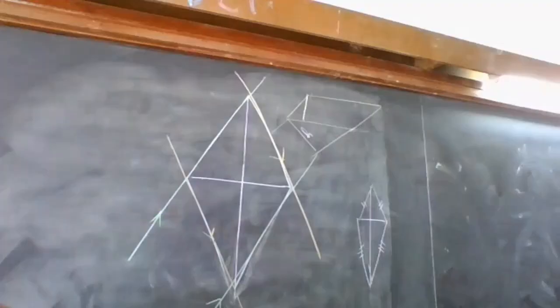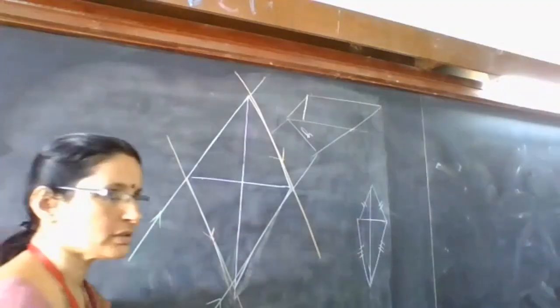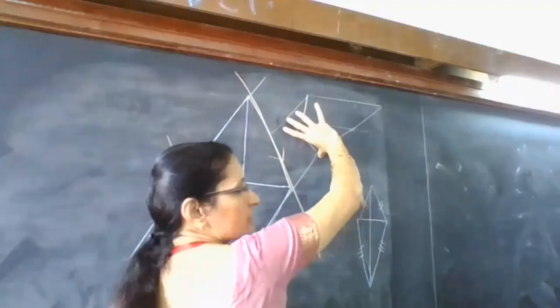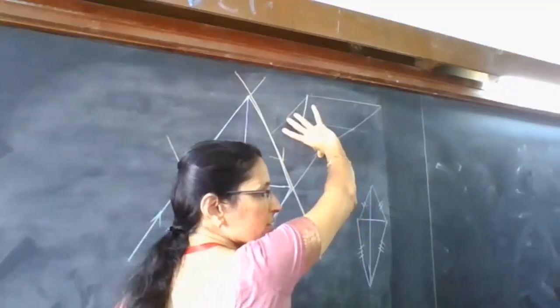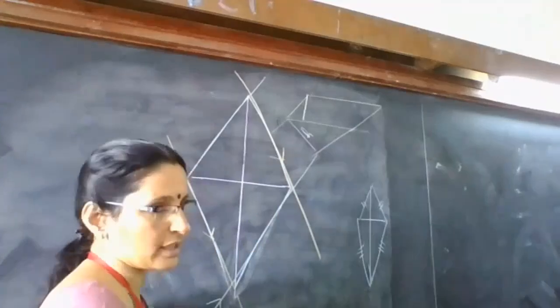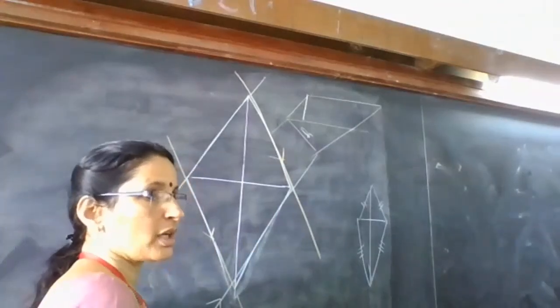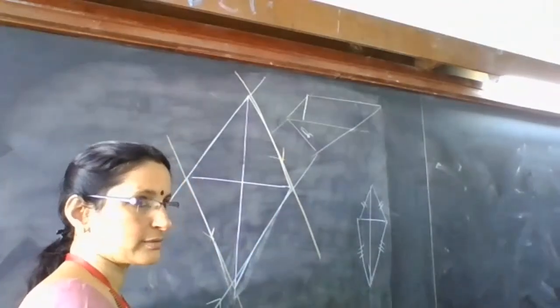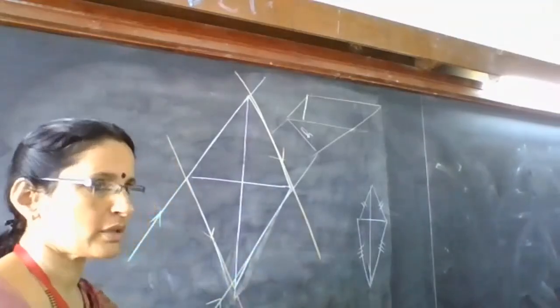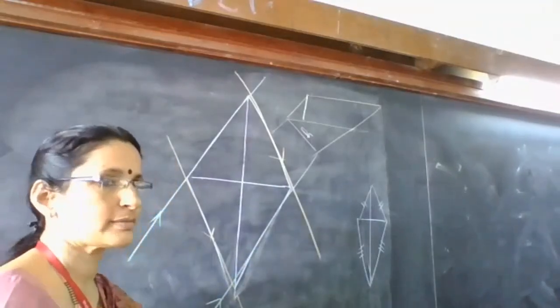But here, whichever way height is drawn, it is not different. If this is short, this is long, that is only for a general parallelogram, not for a rhombus. I am saying it is true. I want the reason from your side. What is the reason? That heights are equal. Whatever height is drawn, they are equal.